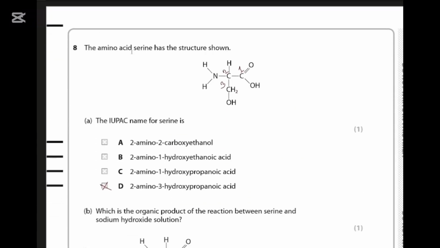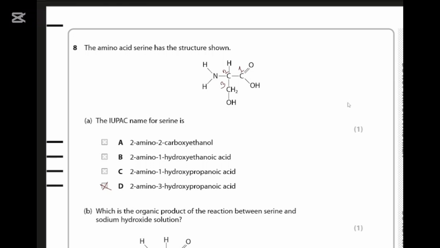Next question. The amino acid serine has a structure shown. The IUPAC name for serine is? In IUPAC style, by the rule book, you have to start naming the carbons from where the carbon is double bonded. Since this carbon has a double bond with O, this is the number 1 carbon. This is 2 and this is 3.